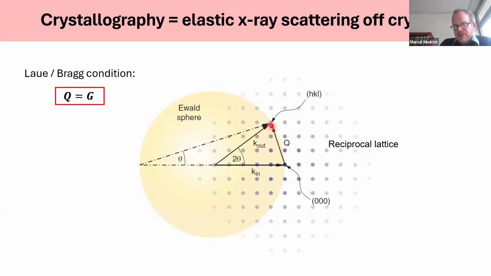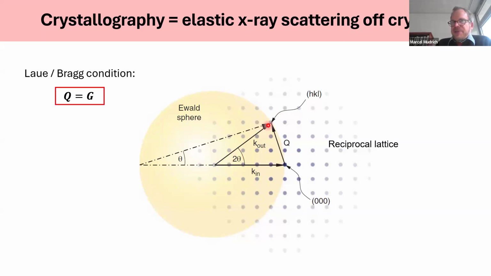For this specific angle between k in and k out, we get constructive interference, and we expect to see a bright spot of scattered X-rays.